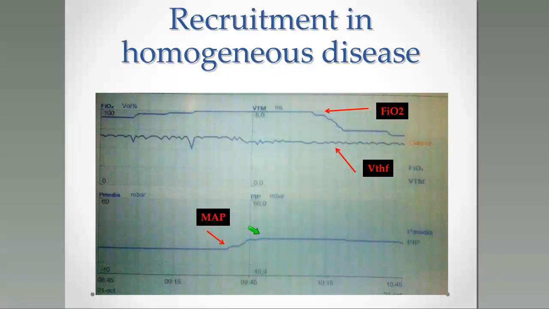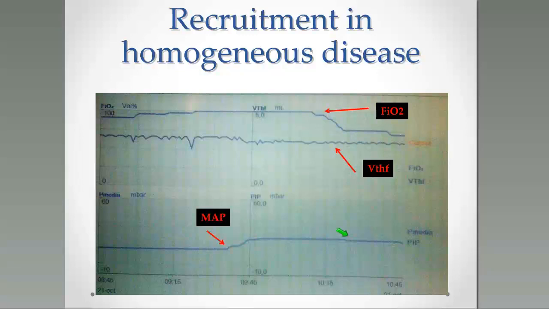So we left the mean airway pressure at this level and we began to decrease FiO2, as you can see here, until we left the patient with 0.6 or 0.45 FiO2, and then we decreased again mean airway pressure.